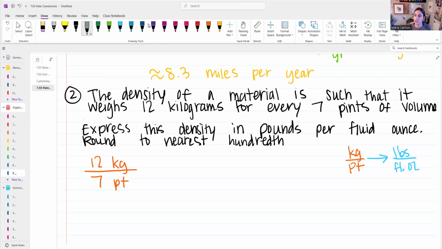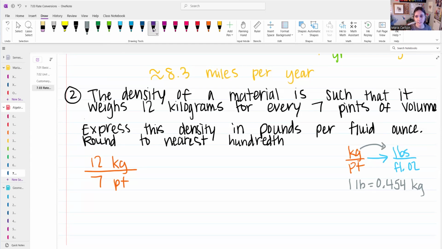One conversion factor that you can get using the conversion charts at the top of Unit 7 or in Lesson 7.1, we actually know that 1 pound is 0.454 kilograms. So that is one conversion factor I'm going to use here to convert kilograms into pounds.